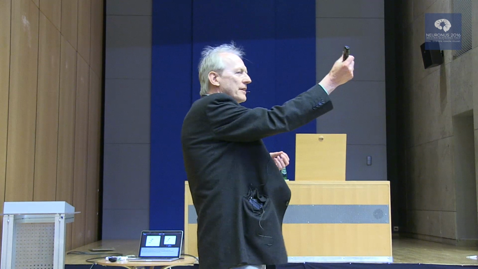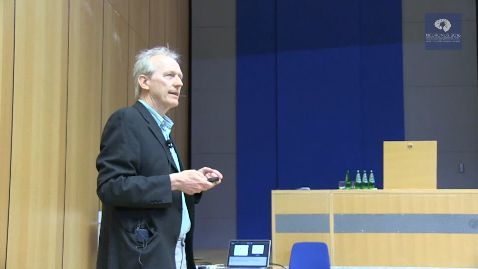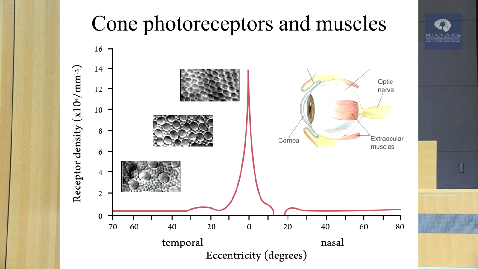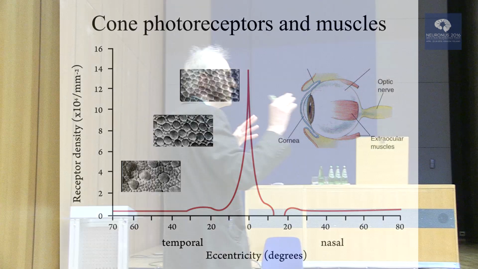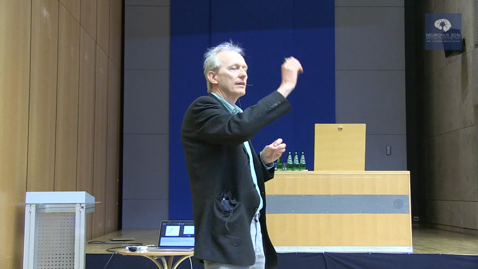We only see things really well in this small spot, but there's a second design feature of our eyes that allows us to get away with this small foveal region. Namely, it's the muscles that are attached to the eyeball, and they allow us to place the fovea very quickly into different parts of the visual field wherever we want to pick up information.